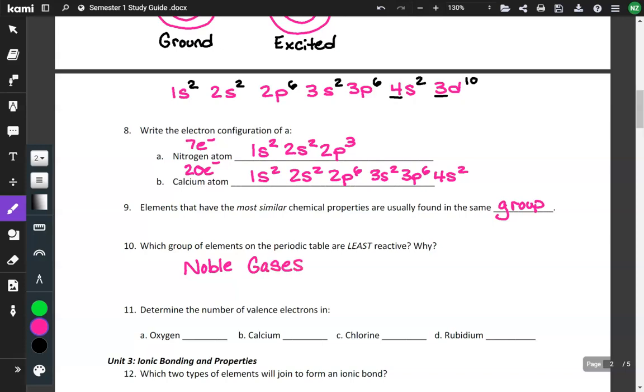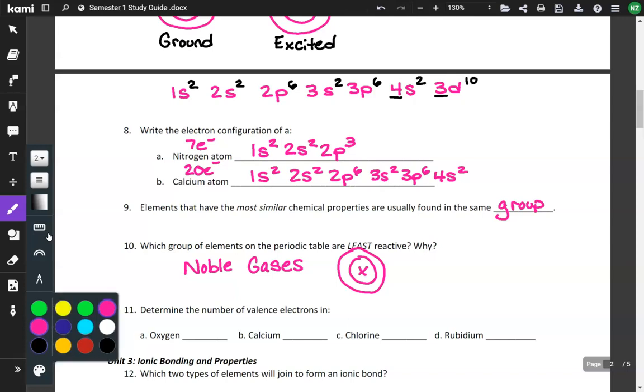They're the least reactive because they have a full shell of valence electrons. So when I draw my atom, first one holds 2, the second one holds 8, so it has a full outer shell. So every single electron that needs to be there is there. So it is a full valence shell.